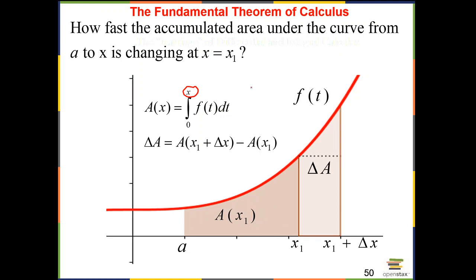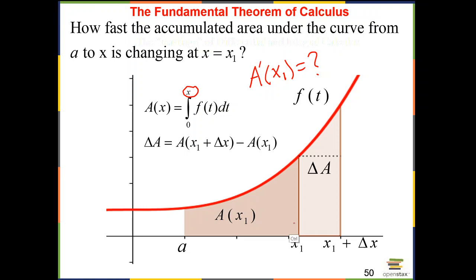So what is A prime at x1, right? What does that mean? That means when I'm over here and I'm moving this number, the area is going to get bigger. Before, the area is this much. After a little bit, maybe delta x change, the area would be this much. So what's the change in the area, and what is the rate of that area changing?